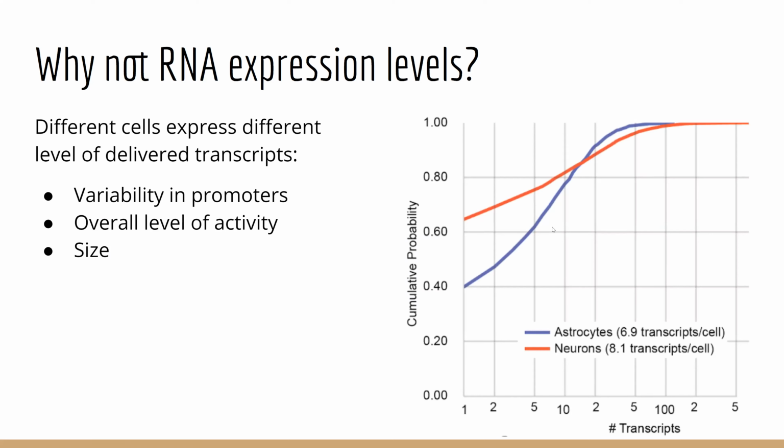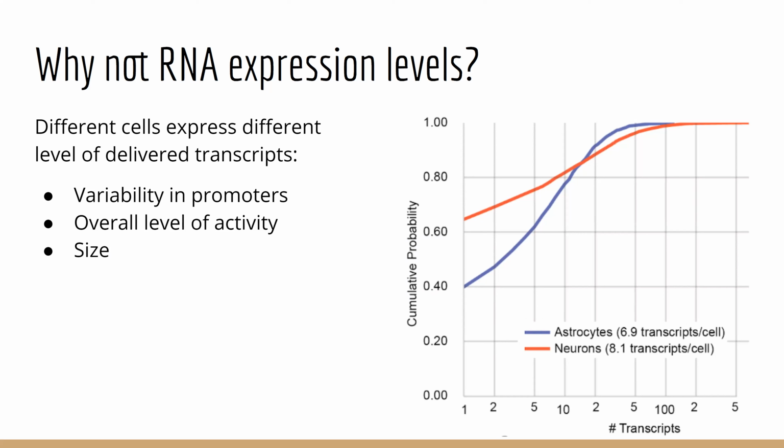As evidence of this, we see this very clearly in our astrocytes versus neurons example, where the mean expression level of astrocytes is about 7 transcripts per cell. However, 60% of astrocytes have expression greater than 0. Whereas neurons have about 8 transcripts per cell, even though only about 35 to 40% of these cells are expressing the transcript.